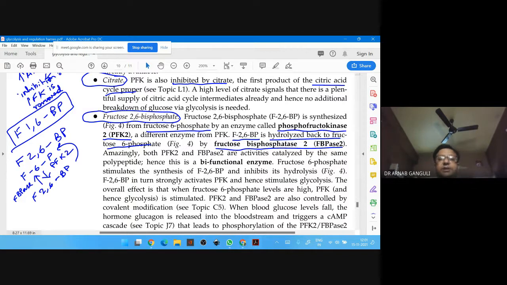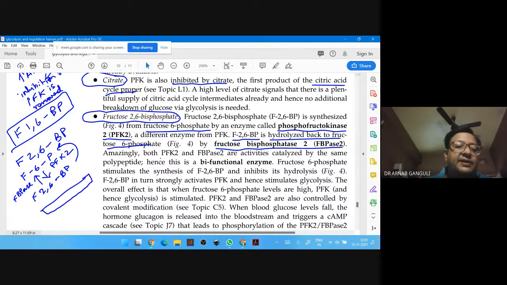Fructose 2,6 bisphosphate. The funny part is, this enzyme is a single enzyme. One side is PFK2, the other side is FBPase 2.